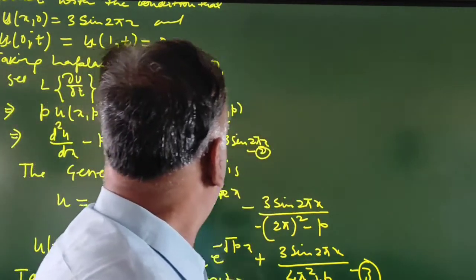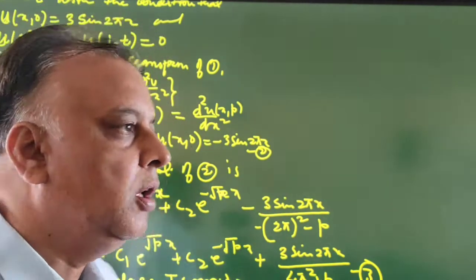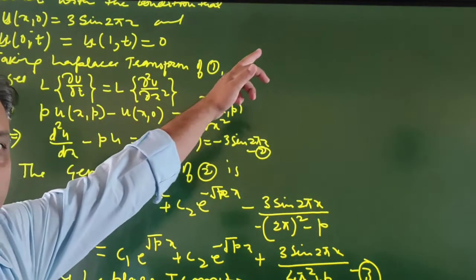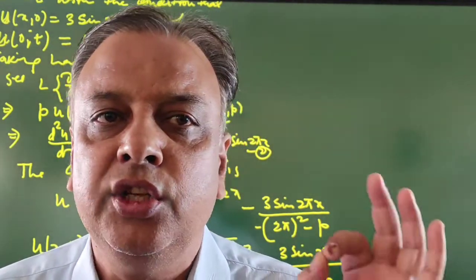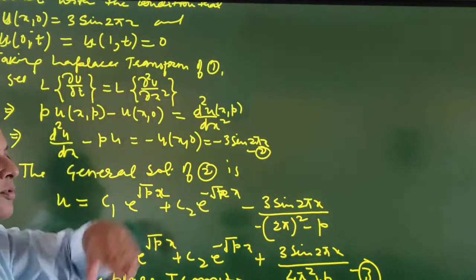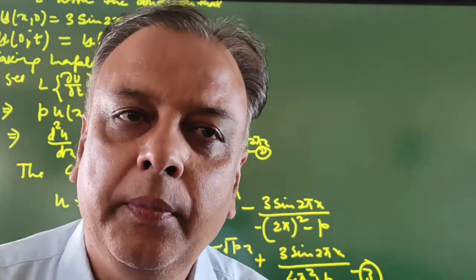u(0,t) = u(1,t) = 0. These are the conditions in which t is involved. If we take the Laplace transformation of u(0,t), we get it as u(0,p). And if we take the Laplace transformation of u(1,t), we get it as u(1,p).